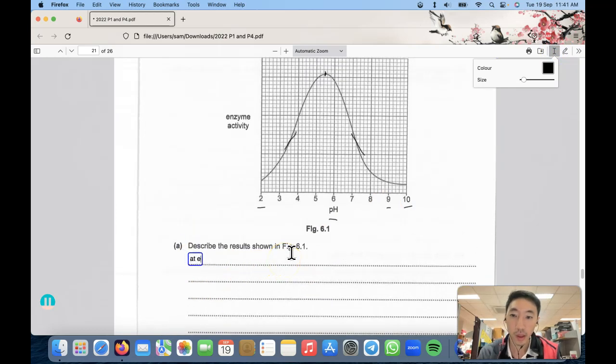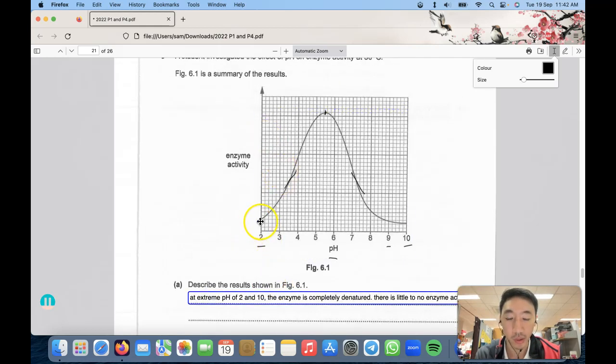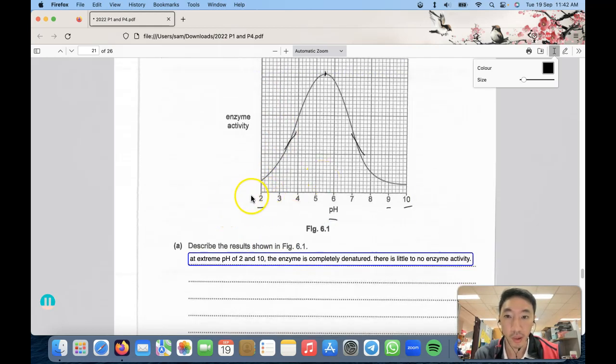At extreme pH of 2 and 10, the enzyme is completely denatured. There is little to no enzyme activity. Okay, why I put little is because they never give me numbers here, so it'll be hard to see. I'd expect it actually to be falling all the way to the bottom, but it's okay, never mind.